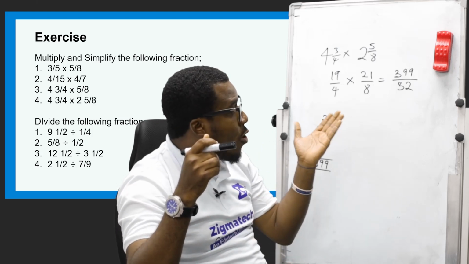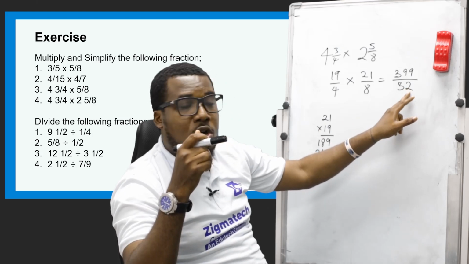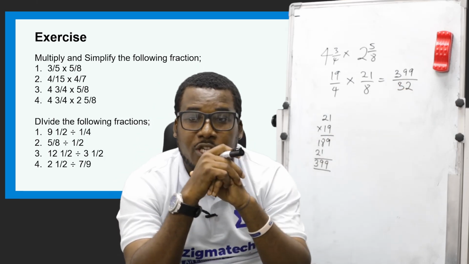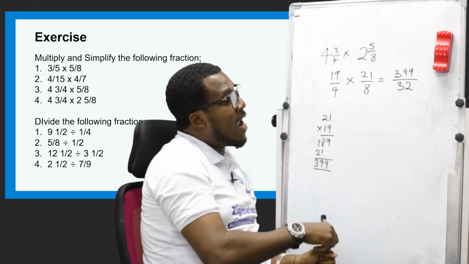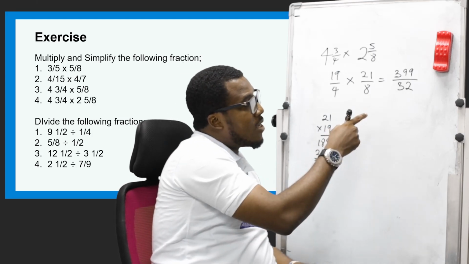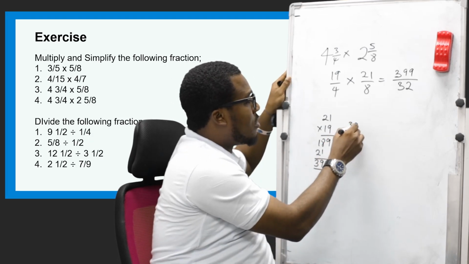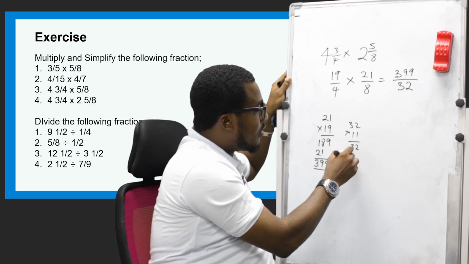Because we know there will be a remainder. Why? Because the end of the denominator is an even number, while the end of the numerator is an odd number. So the number is going to end in odd. So let's see what will happen when we do this. Let's try 32 times 11 to see how much we're going to get from this.